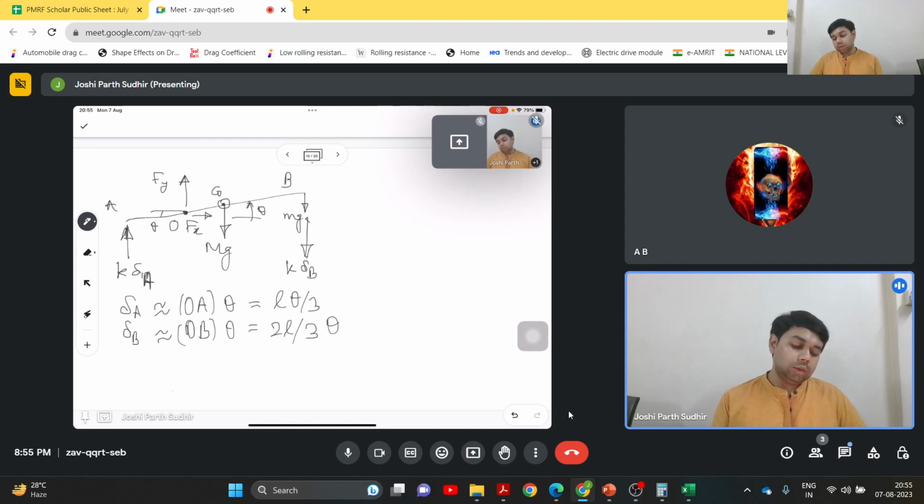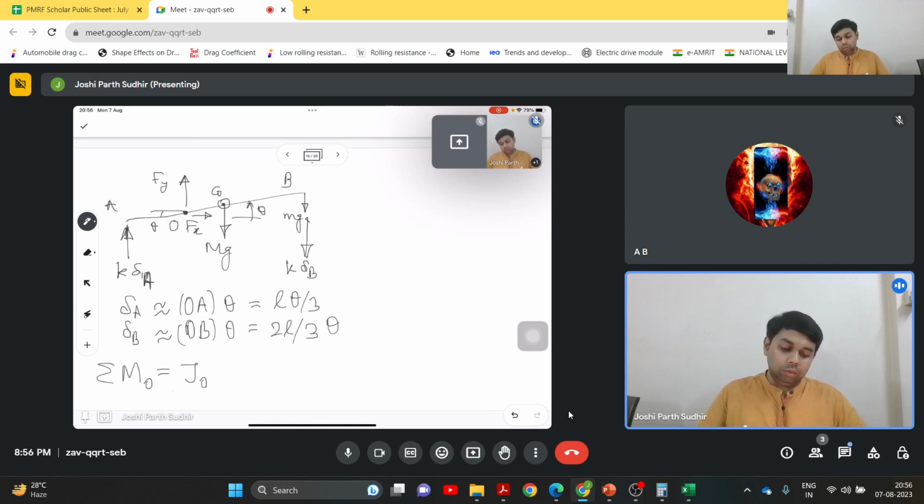Now to solve this problem, what we will have to do is take the moment about point O of all the forces about O, and that will be the moment of inertia of the bar and the small mass together.